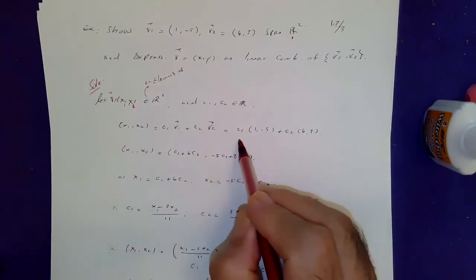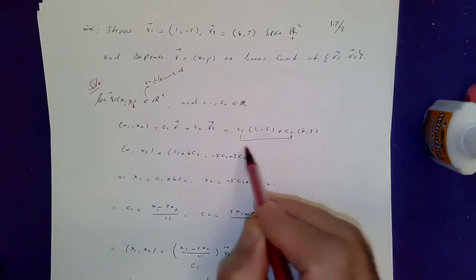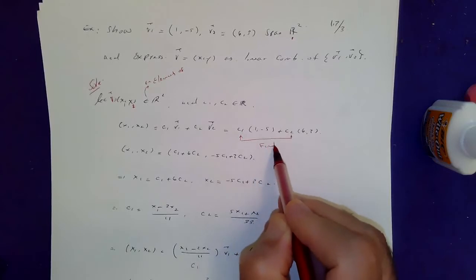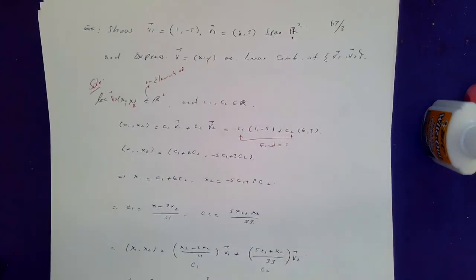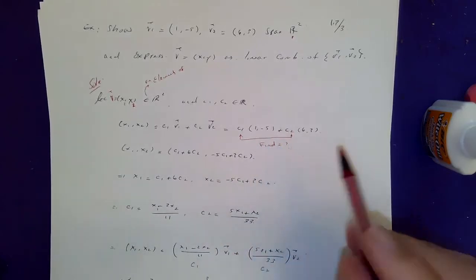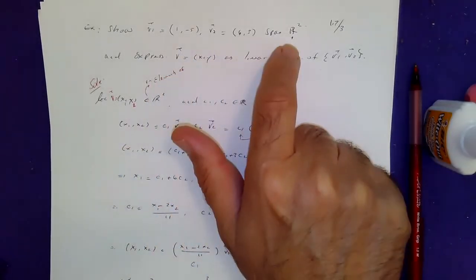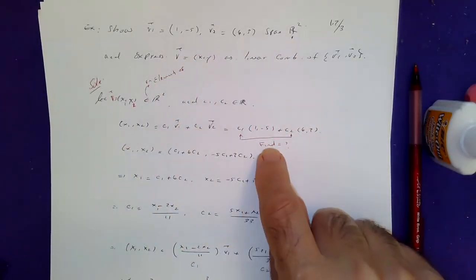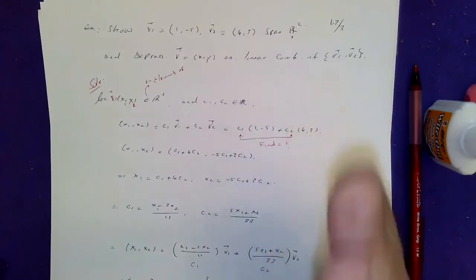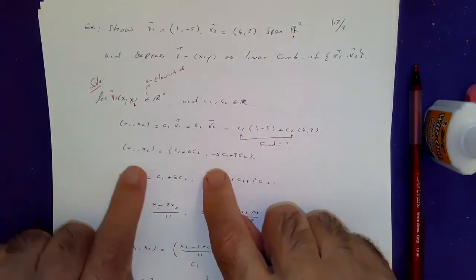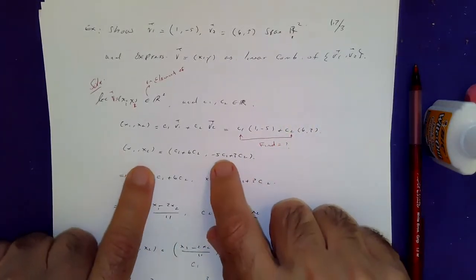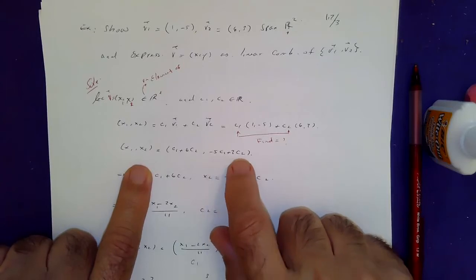When you say, can you write it? The question is, can you find C1, C2? If you can get your hands on C1, C2, then you can say, yes, these guys span R2. If you cannot, then the answer is no. In other words, it all depends on the system of linear equations you come up with.